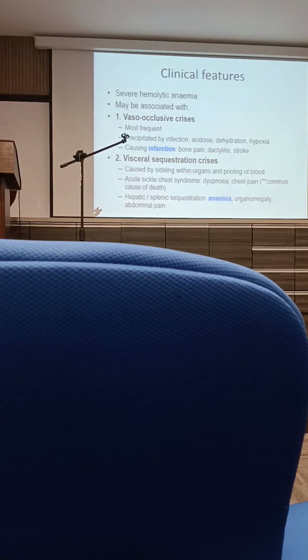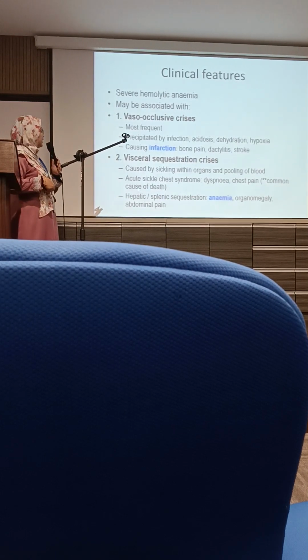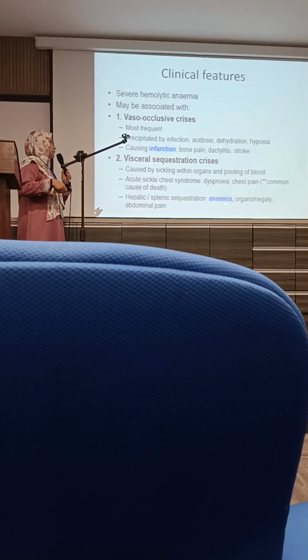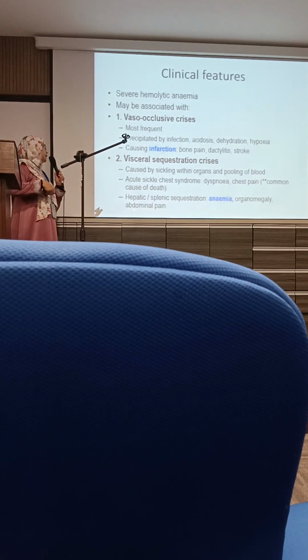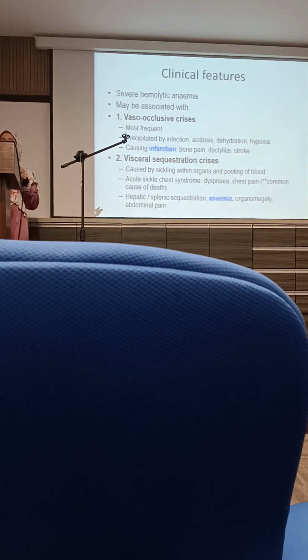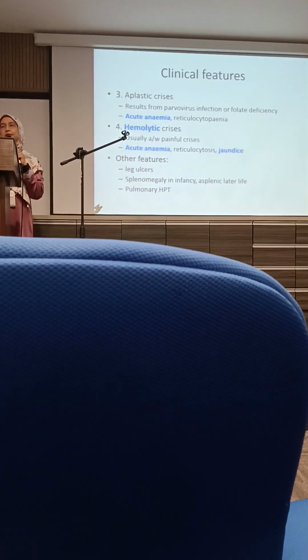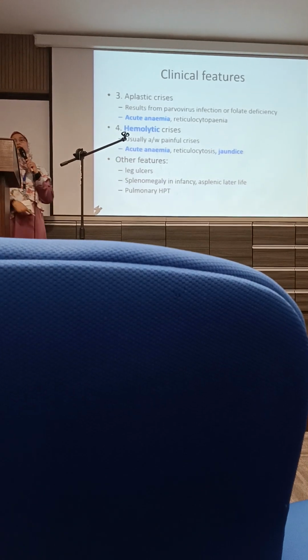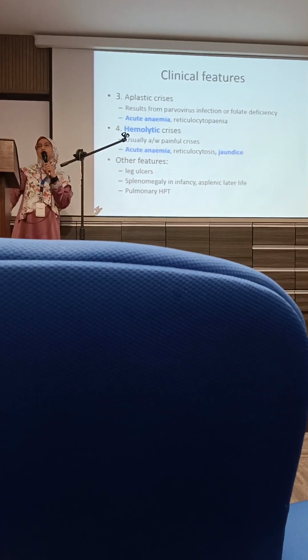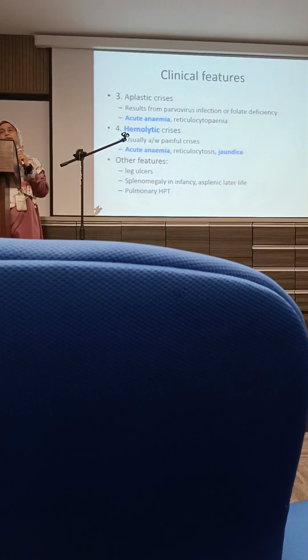They can also have hepatic and splenic sequestration. That means the cells are all sequestered in the liver and spleen, so they have anemia, liver and spleen enlarged and abdominal pain. They can also have aplastic crisis, sama juga macam yang tadi, due to parvovirus infection or folate deficiency. And in this condition, they have acute anemia.